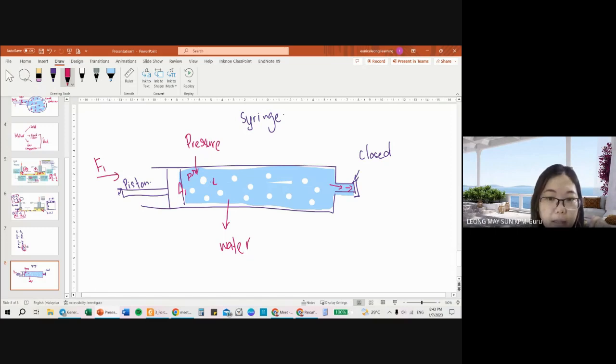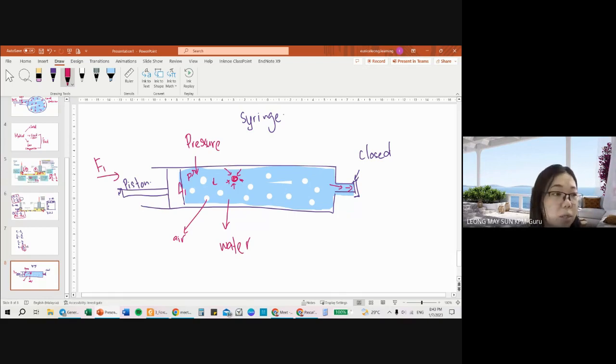When there is air inside there, the pressure exerted will actually be used to make these air bubbles go smaller. Incompressible means that there are no air bubbles inside, no existence of air bubbles inside.